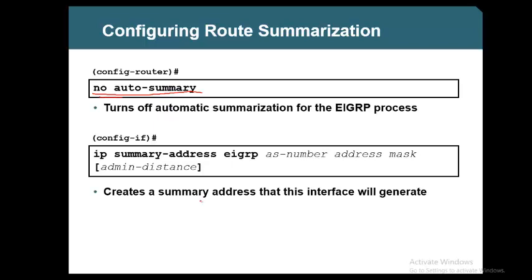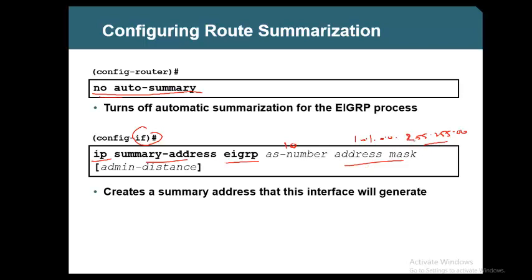Manual summarization is done under the interface, and you say ip summary-address eigrp, let's say autonomous system number 10, and then we say summarize like 10.1.0.0 255.255.0.0.